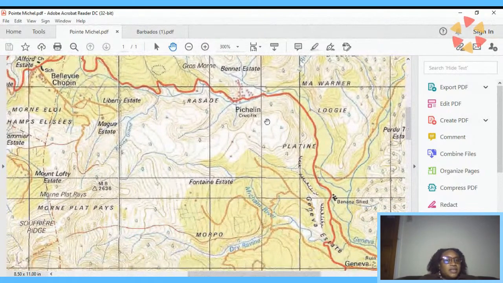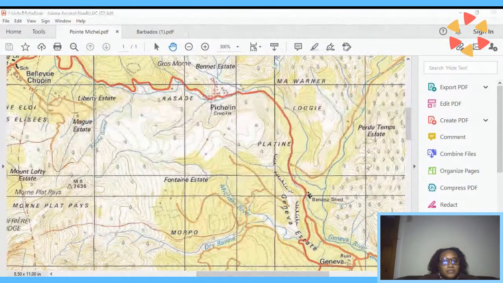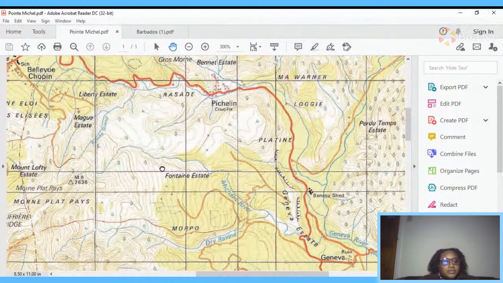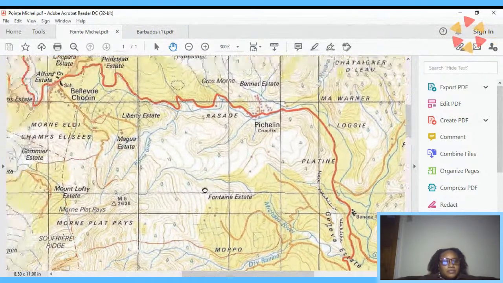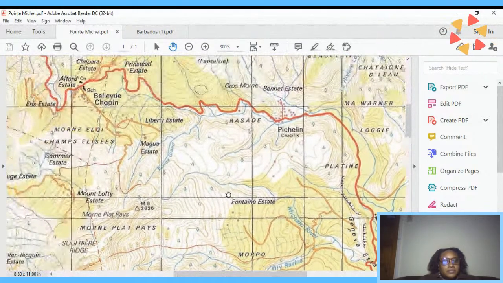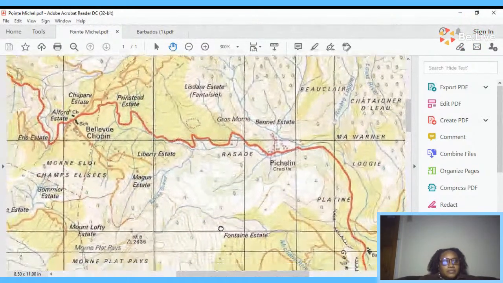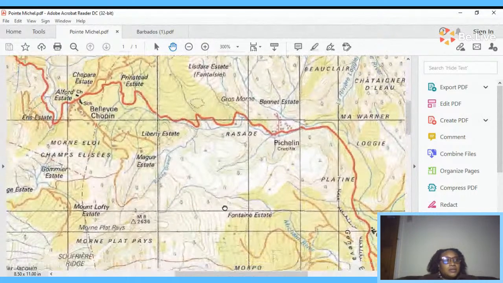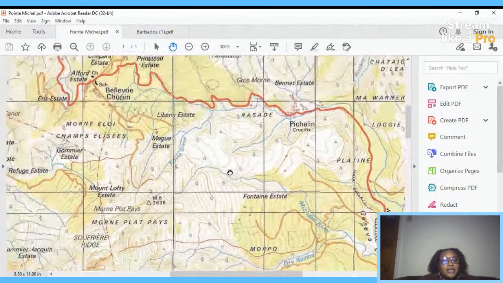Can you see Michelin here? Okay, good. So Michelin is linear.